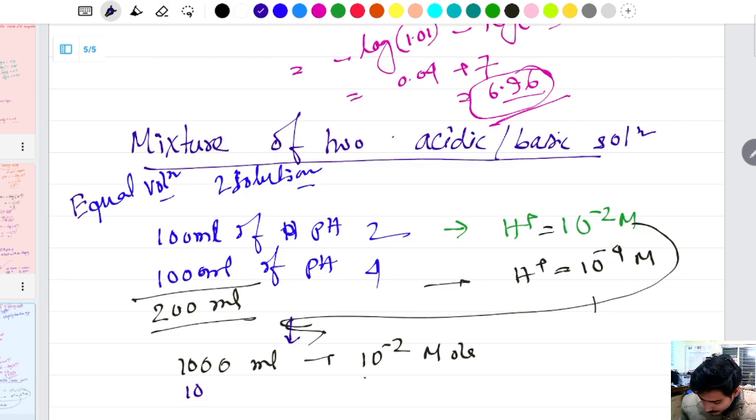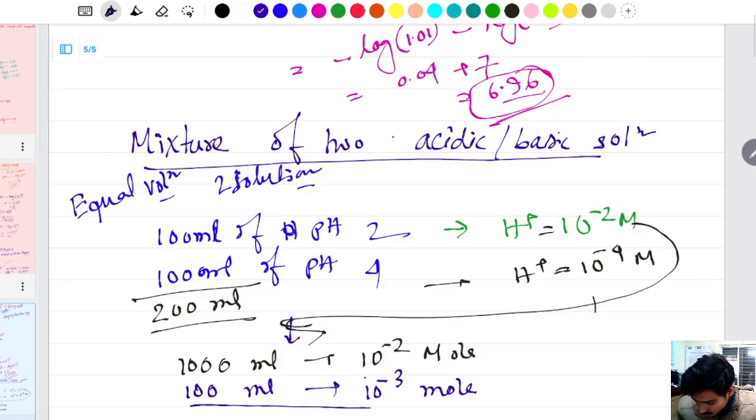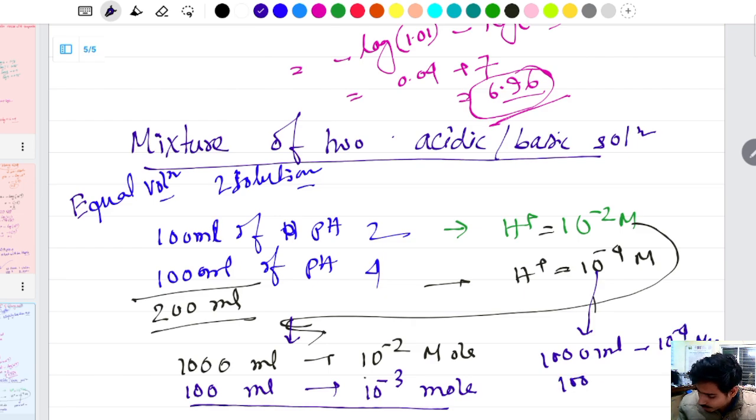If it is 100 ml, then it will be 10 to the power minus 3 mole. Similarly, in the second case, if it is 1000 ml, it will be 10 to the power minus 4 mole. Now for 100 ml, it will be 10 to the power minus 5 mole.